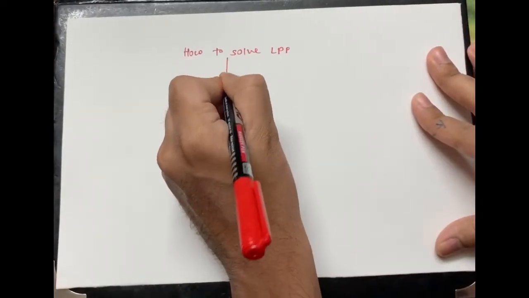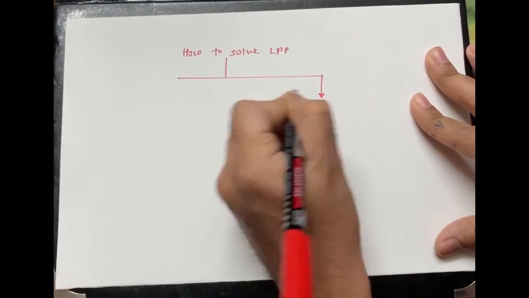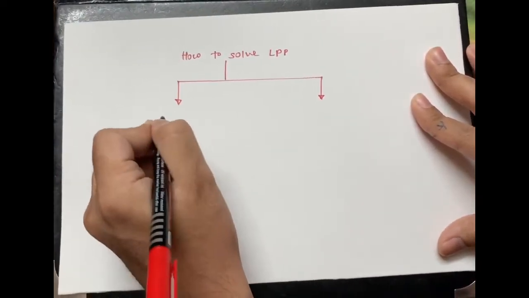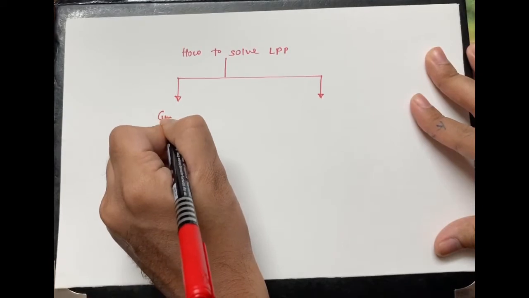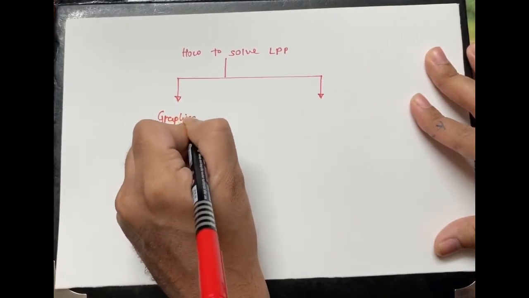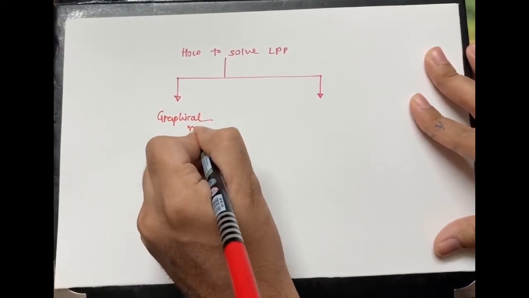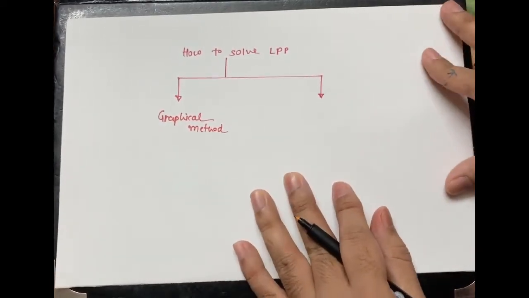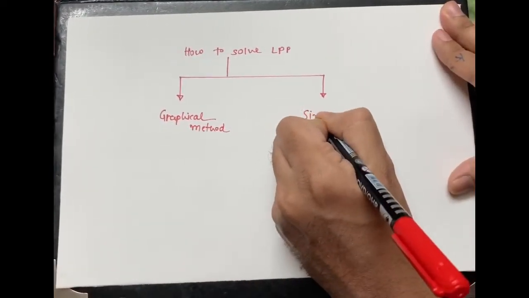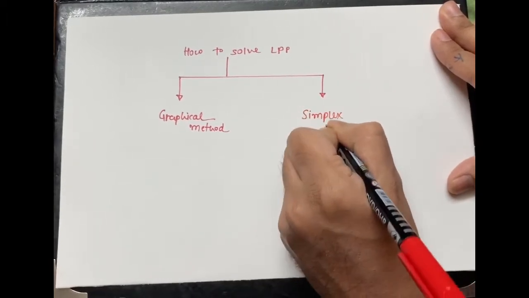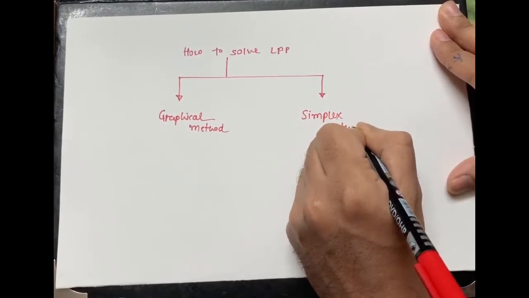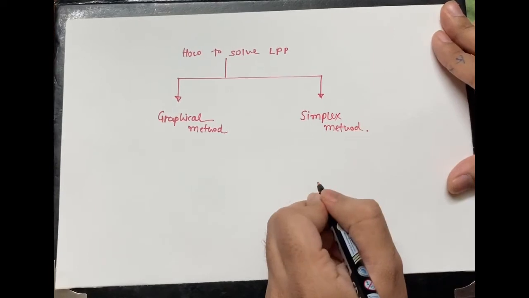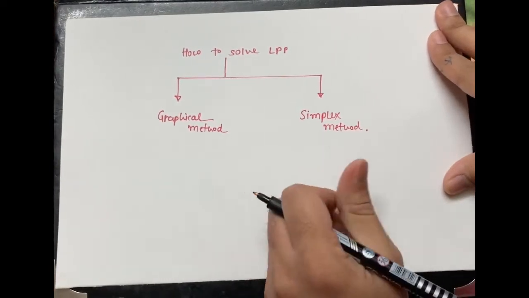Basically there are two methods available. One is referred to as the graphical method for solving linear programming problems, and the second is referred to as the simplex method.